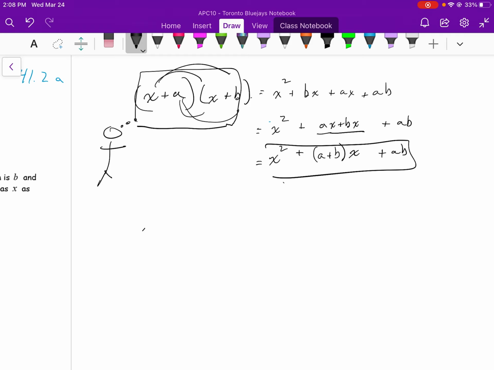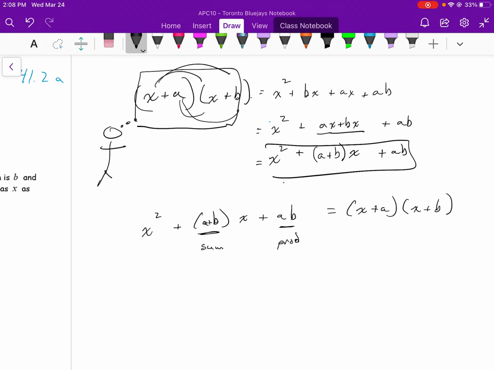In other words, if I have some crazy trinomial, and I want to break it up into two even factors, I can always play this game. Now this is the sum. This is the product.